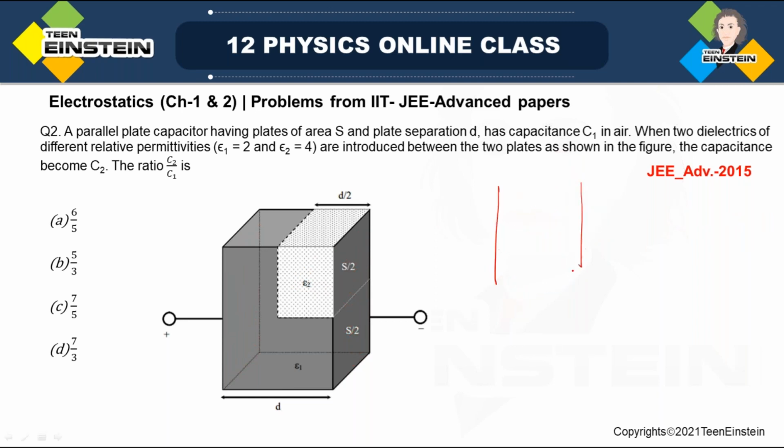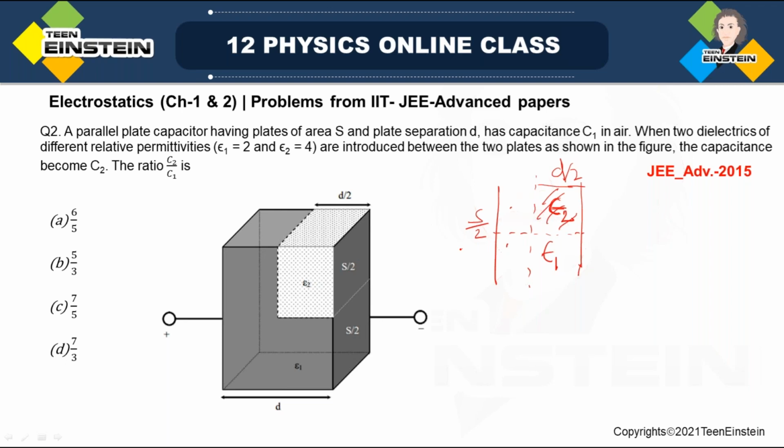If I draw a simple diagram like this, S is the area, so if you divide it, this much will be S by 2. And according to this figure, if I divide even this, you have d by 2. So this portion is filled with a dielectric material having relative permittivity epsilon 2, and all the other places are filled with epsilon 1, as you see here.